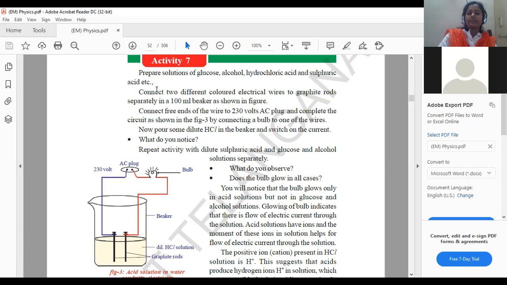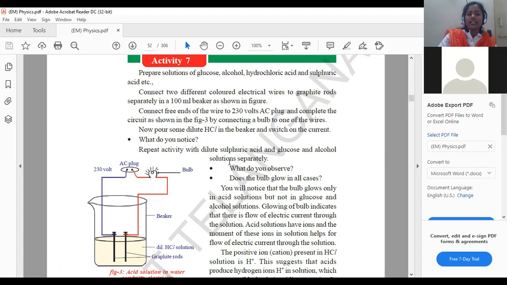Another one is sulfuric acid. H2SO4 is known as sulfuric acid, which when added to water generates 2 H plus ions and an SO4 2 minus ion. Sulfuric acid is a strong acid and the generated H plus ions will travel and be used to illuminate this bulb. Hence, you can say it is an acid because it passes current and the bulb glows, right?